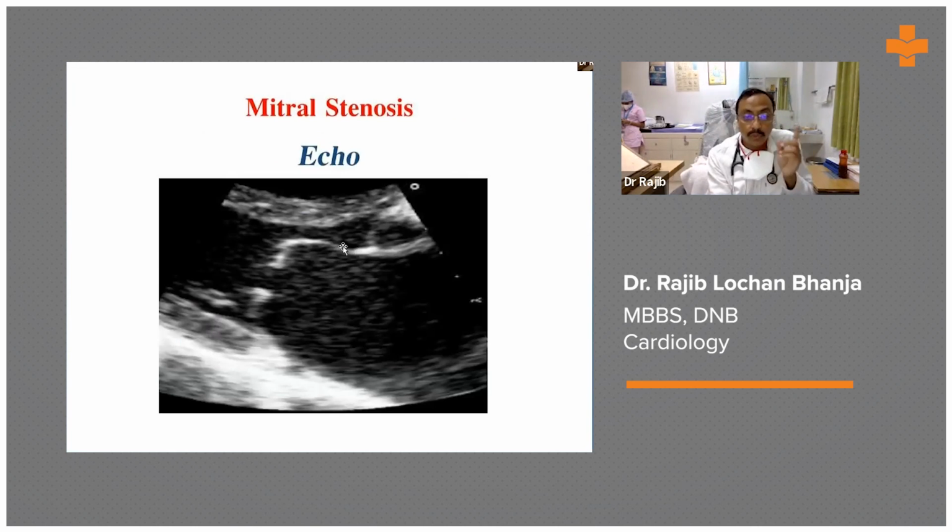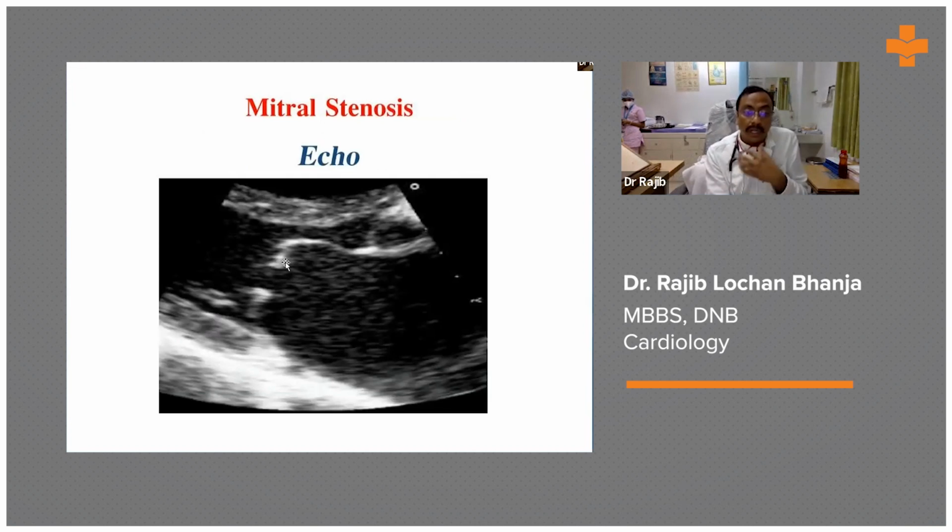If you ask for one diagnostic parameter, I think this is the gold standard to diagnose mitral stenosis. You have to see the mitral valve thickness, the calcification, the thickening and doming, and there are a variety of scores.